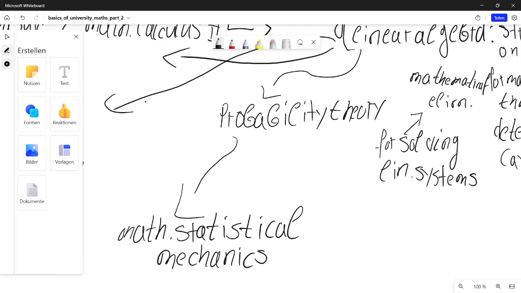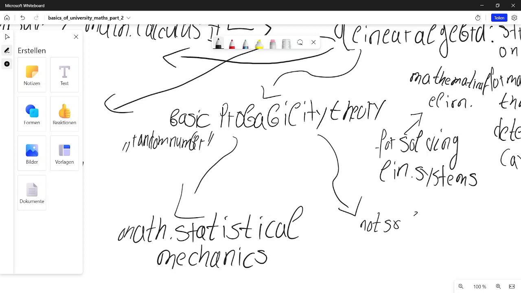I mean, of course, basic probability theory. Maybe not so basic.